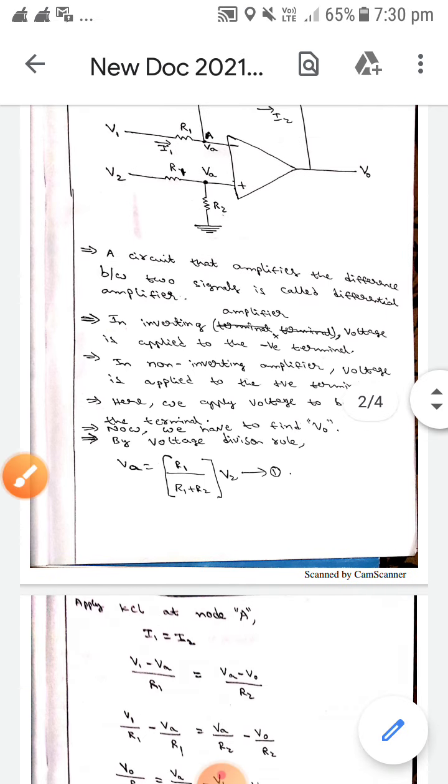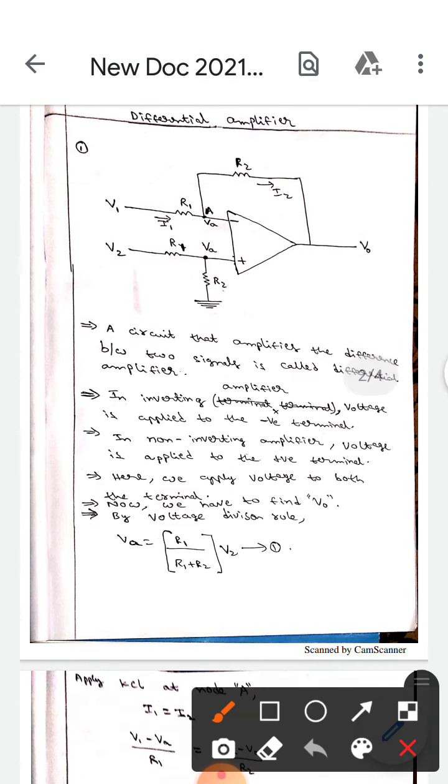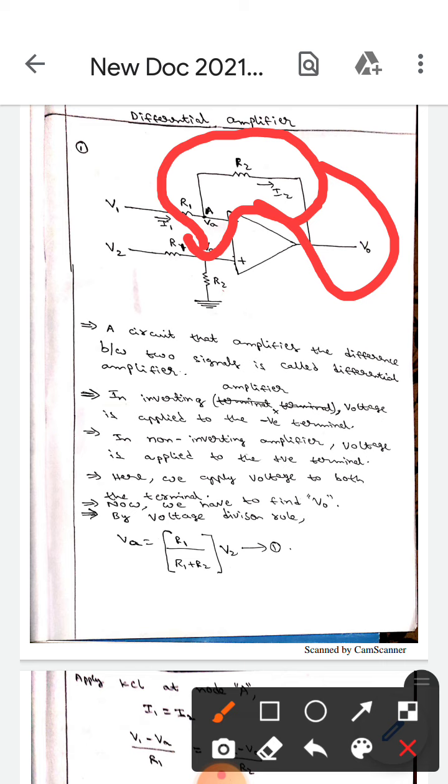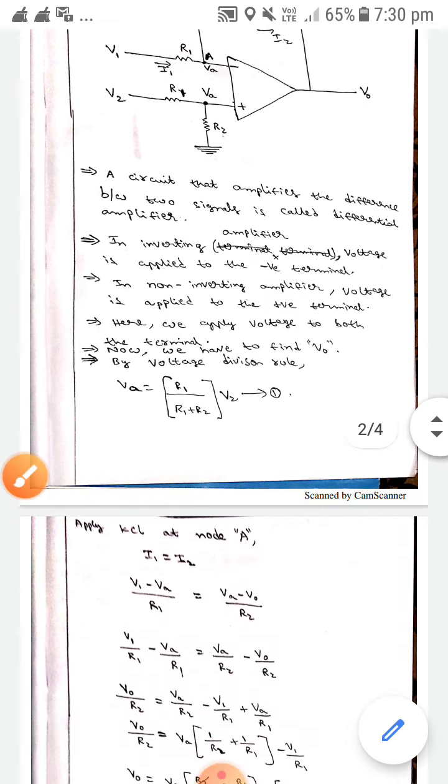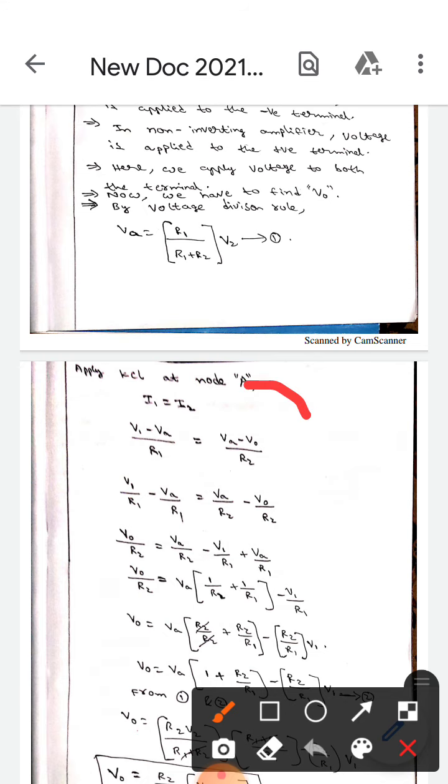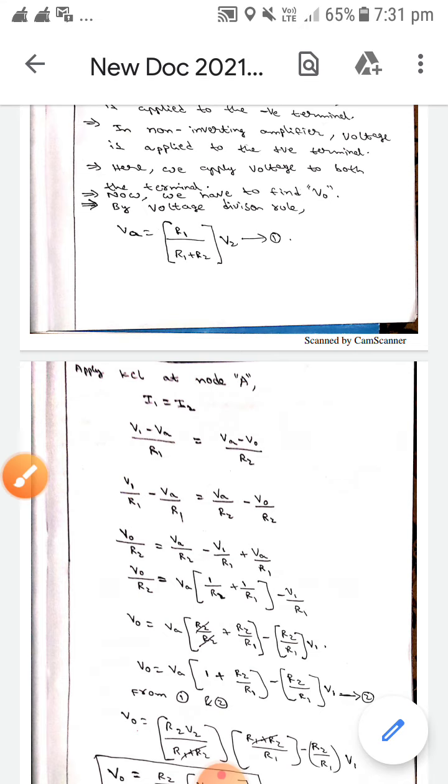And at this line, I2 is equal to VA minus V0 by R2. This is what we wrote here.